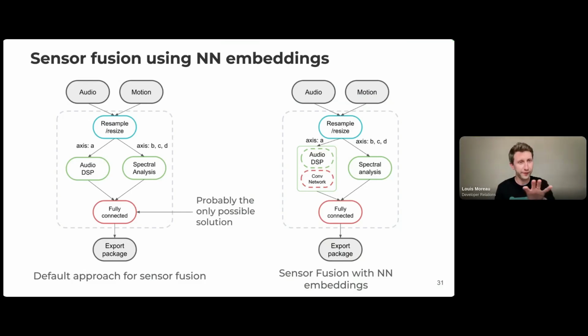If you have a look at the first default approach on the left, when running separate DSP blocks, you're constrained in the choice of neural network in the end. For example, because the features that are extracted can be fundamentally different. A spectrogram and a data point from an accelerometer have basically nothing to do with each other.